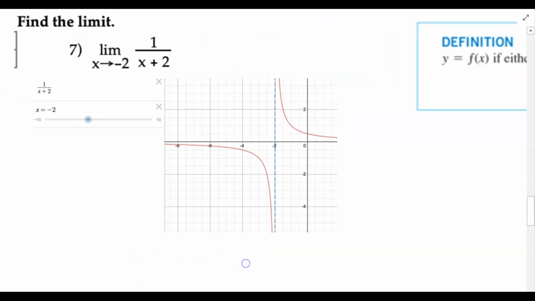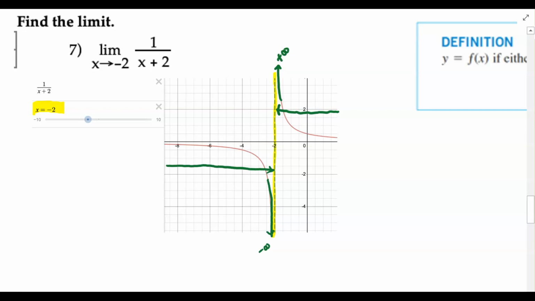Let's zoom in here, and we're going to notice that up and down here is this -2, and I've made this dashed line so that you can see. What happens when you approach -2 from the left? It actually shoots down to -infinity. And what happens when you approach -2 from the right? It actually shoots up to positive infinity.